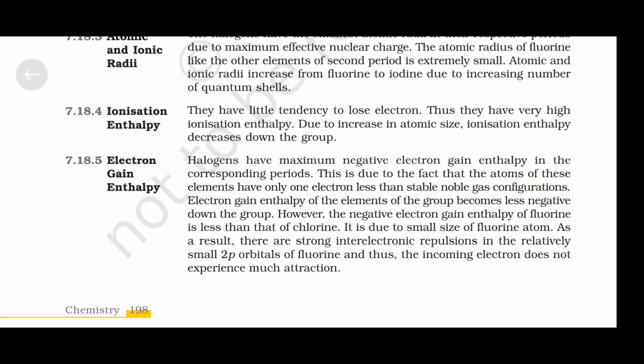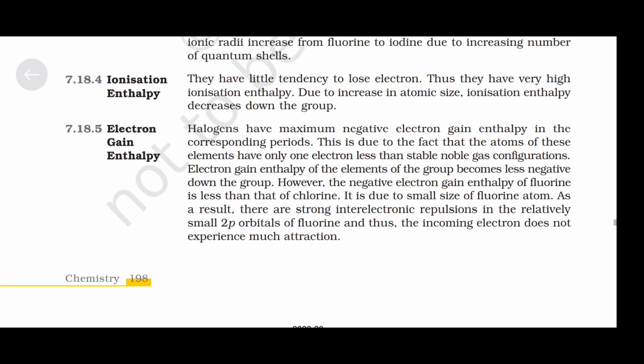Electron gain enthalpy. Halogens have maximum negative electron gain enthalpy in the corresponding periods. This is due to the fact that the atoms of these elements have only one electron less than stable noble gas configuration. Electron gain enthalpy of the elements of the group becomes less negative down the group.